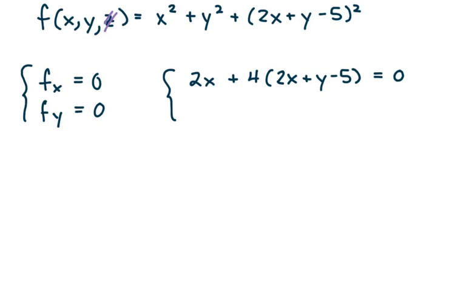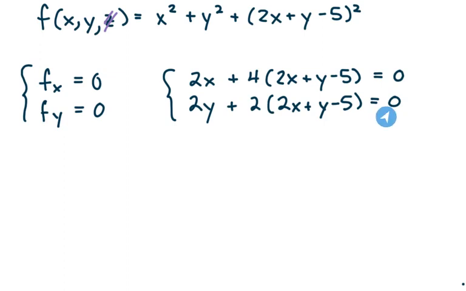Again, differentiating with respect to y, we'll have 2y plus, we pull that 2 down, and then the partial derivative of the inside with respect to y is going to be 1, so this coefficient will not be 2 times 2, it's 2 times 1, or just 2. 2y plus 2(2x plus y minus 5) is equal to 0. So this top one represents my partial with respect to x equal to 0. The bottom is my partial with respect to y equal to 0.